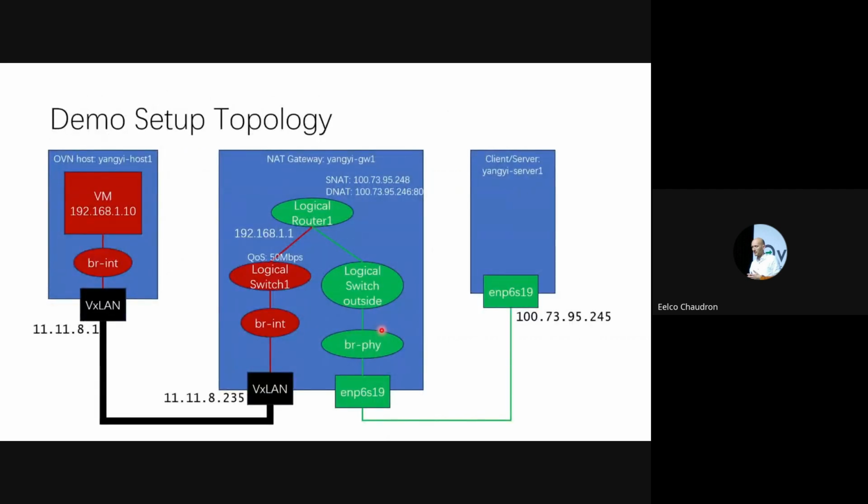This is my demo setup. There are 3 machines: OVN host, NAT gateway, and client server machine. The OVN host is a compute node, host name is Yang-host1.